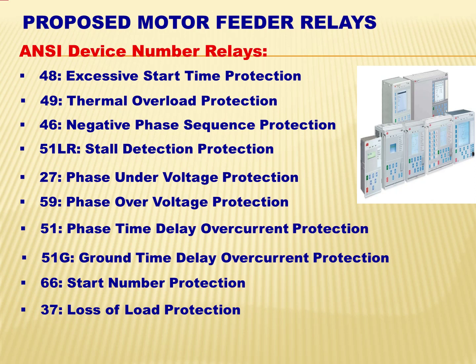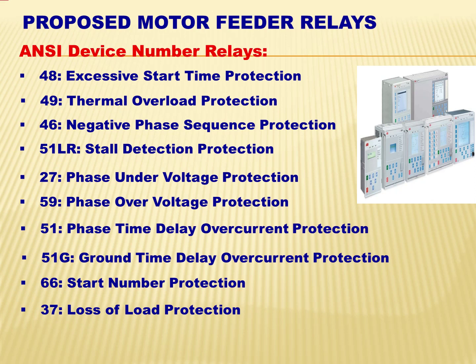Okay, we have here relay 37 for loss of load protection. Most high voltage motors operate at steady loads between 75% and 90% of their rated power capability. Should the motor suddenly find itself underloaded, then it is possible that the driven machine has inadvertently lost its load, for example, a pump loses liquid at its suction port.